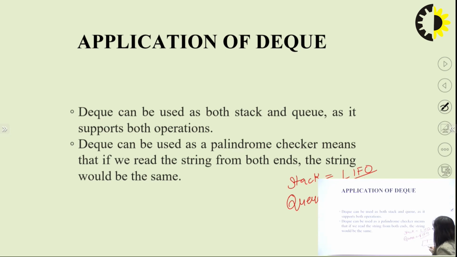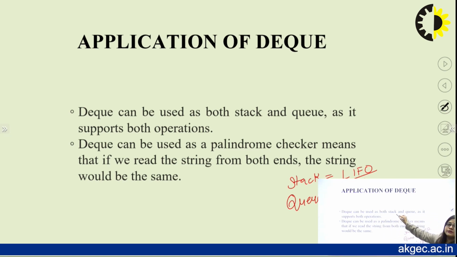If you insert some value here, then you can also delete some value from there, because insertion and deletion both operate in the same direction. So DQ is used for stack and queue. The second use is that DQ can be used as a palindrome checker, meaning if we read the string from both ends, then we can easily check it, like 1 2 3 and 3 2 1.